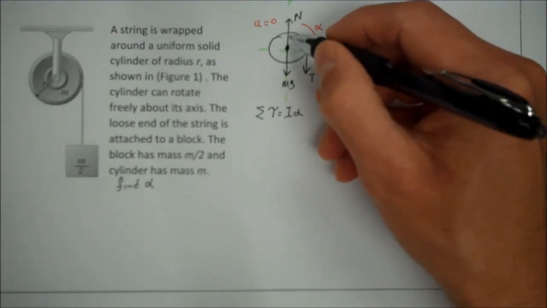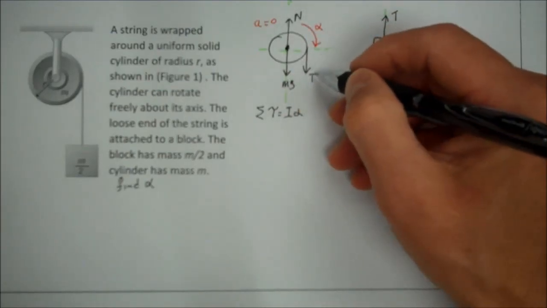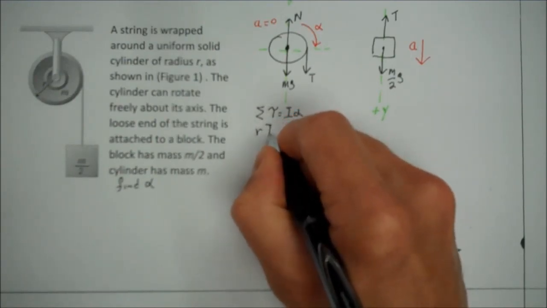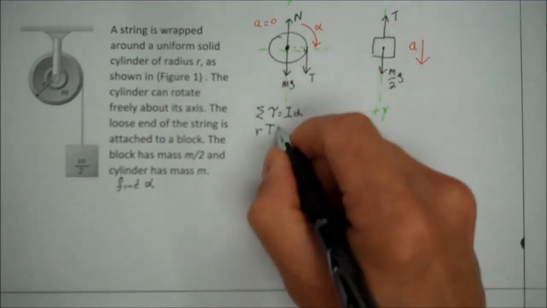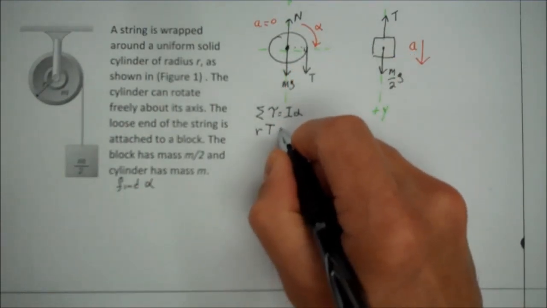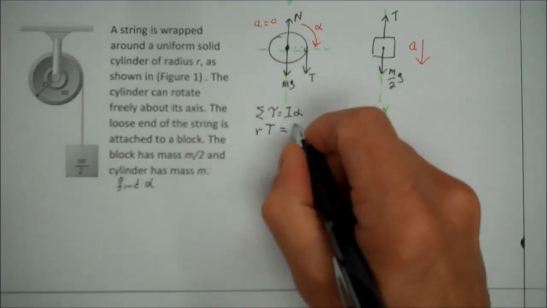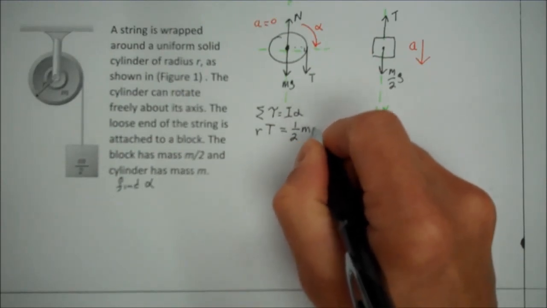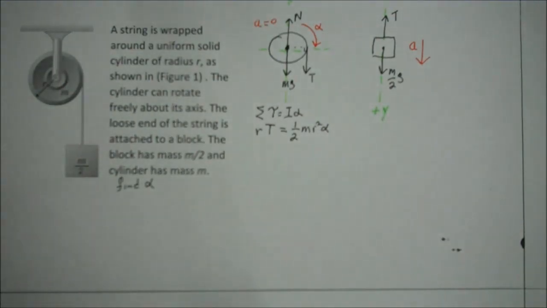They have a 0 moment arm. The only force here applying a torque is the tension. It would be R times T times the sine of the angle, but this angle is 90, so the sine is 1. It's going to equal I. This is a disk. A disk has an inertia of 1/2 mr squared. And then alpha, and that's what I want to find.